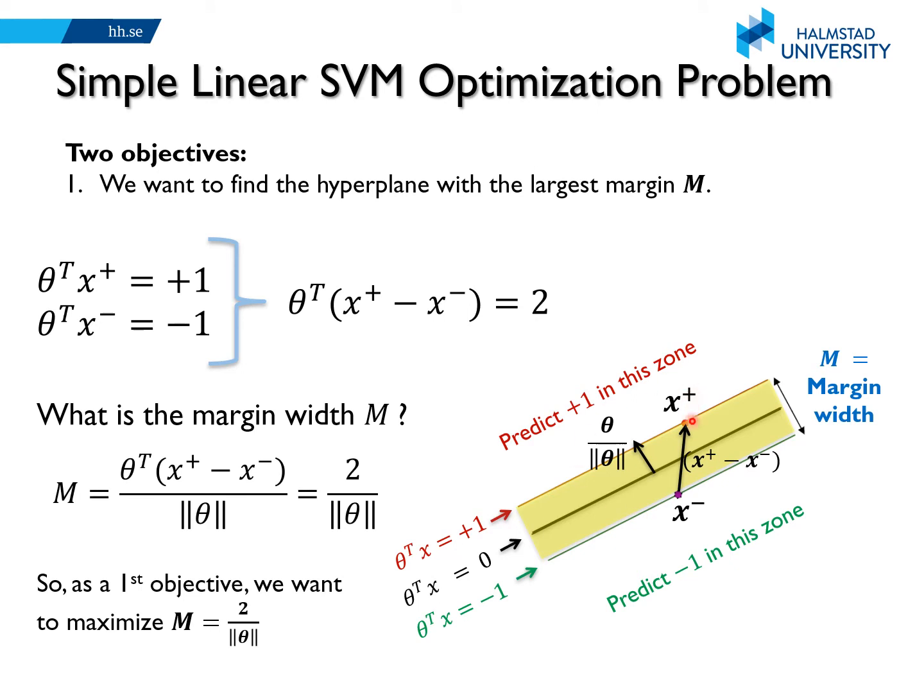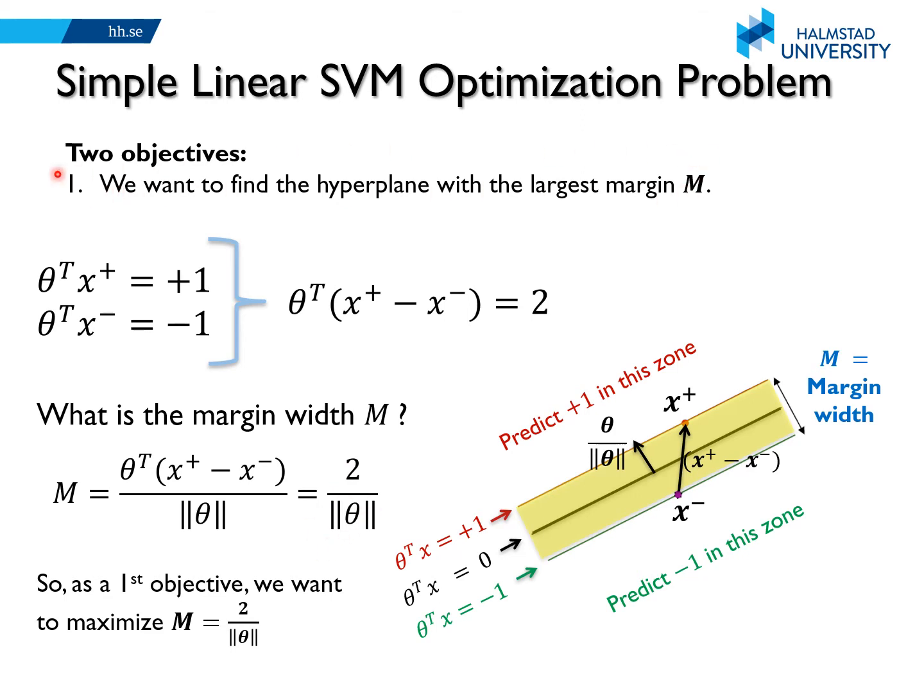And based on that, the margin M, which is here, is defined as theta transpose (x plus minus x minus), this vector difference, divided by the norm of theta. So it's basically a projection of this vector on this one. And since this is equal to 2, our margin is just defined as 2 over the norm of theta.